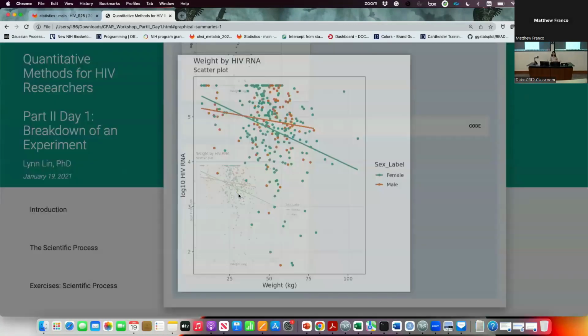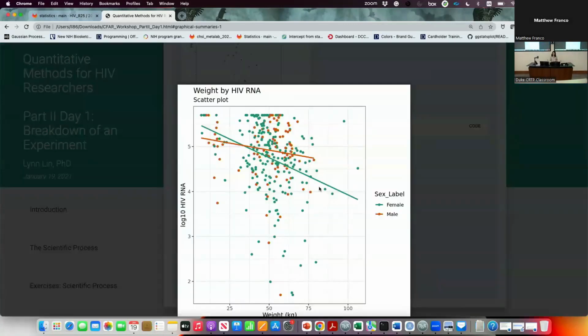And you could do a simple regression, which we are not going to talk about in detail in today's workshop, but you can fit a regression line, and you can also fit a separate regression line for each sex, which tells you that the relationship between weight and HIV RNA can be different across gender. But obviously, whether the difference in the slopes of these two lines is statistically significant, you have to perform hypothesis testing.